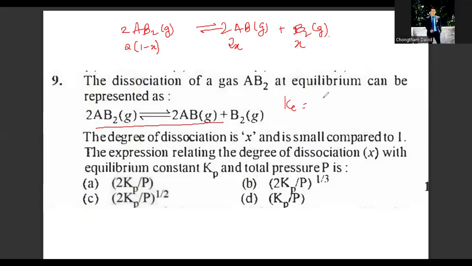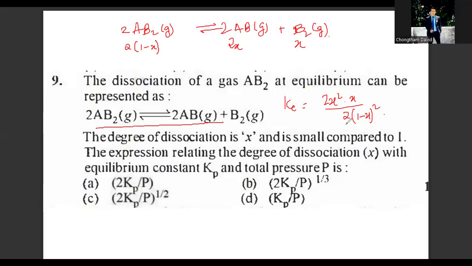Kc would be twice x squared into x over 1 minus x whole squared. So this term, x cubed over 1 minus x, can be neglected in the denominator because x would be a very small quantity. And the partial pressures at equilibrium are calculated on the basis of the total number of moles at equilibrium.